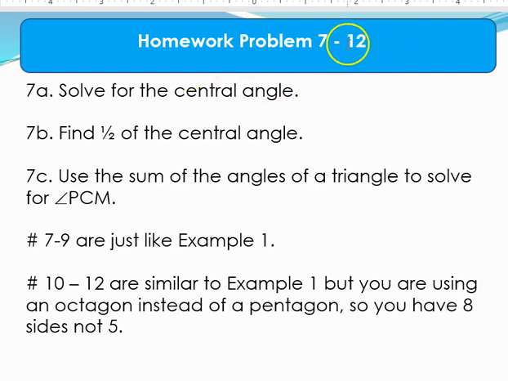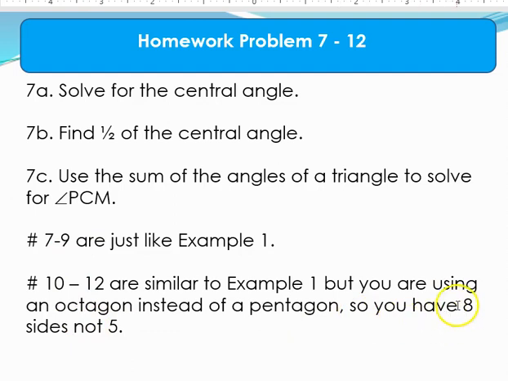Now homework problems 7 through 12 are just like example 1. Problems 7 through 9 are exactly like example 1 because they have a pentagon to compare it to. Numbers 10 through 12 are similar, but you'll be using an octagon, not a pentagon.